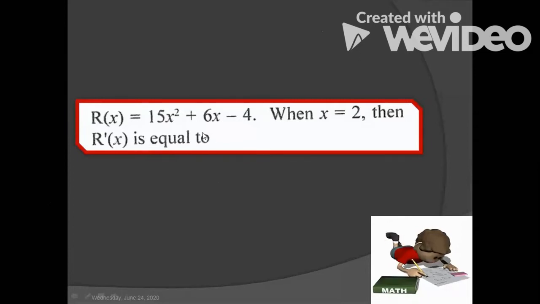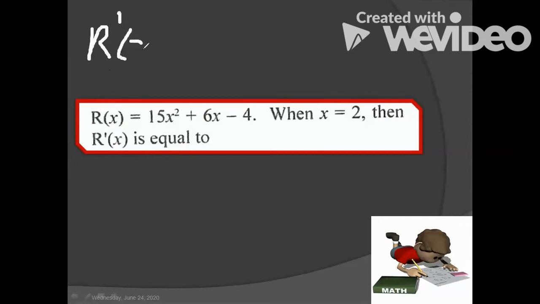So this question is very similar to the previous one, but they're not talking about gradient. They're just asking to find r prime. Now r prime, when we do the calculus, means that it will be the differential of what r is. So we're going to differentiate r.